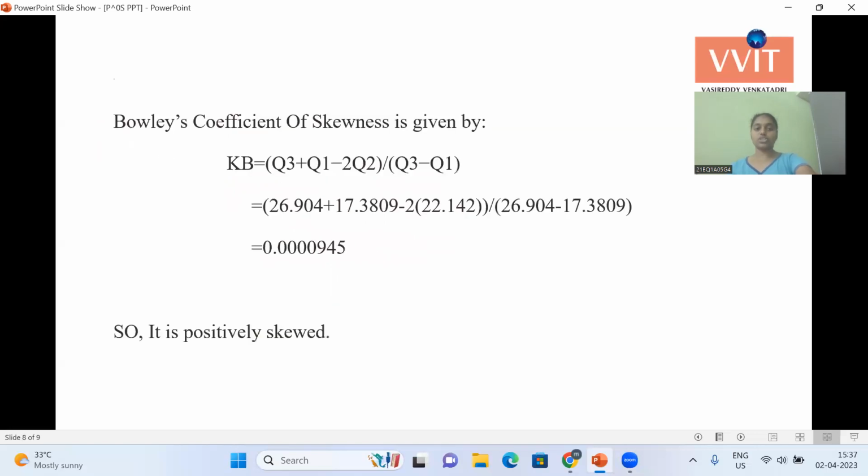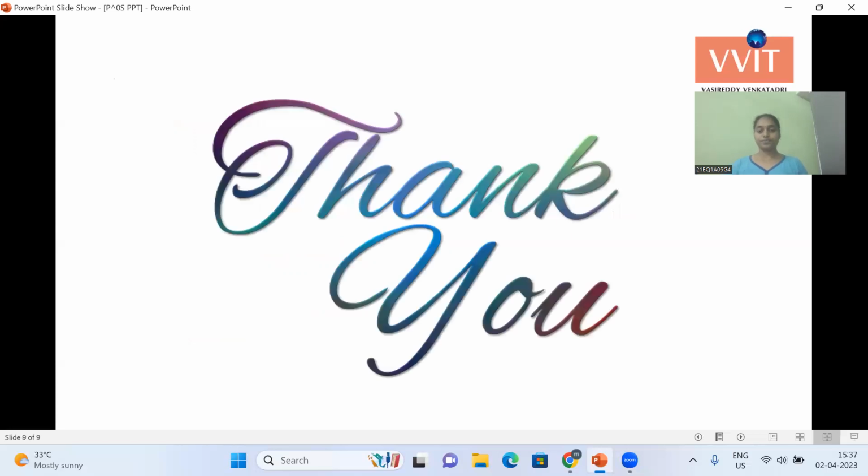We will calculate those values, and we get the answer as 0.0000945. It is a positive value. So the given distribution table is positively skewed. We conclude that Bowley's coefficient of skewness is positive, so it is positively skewed.